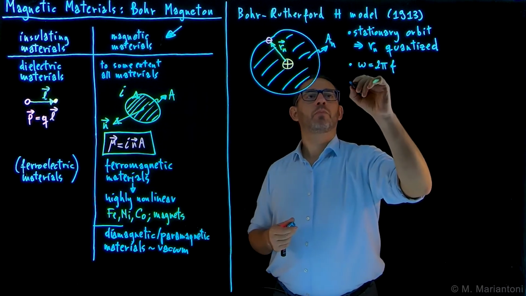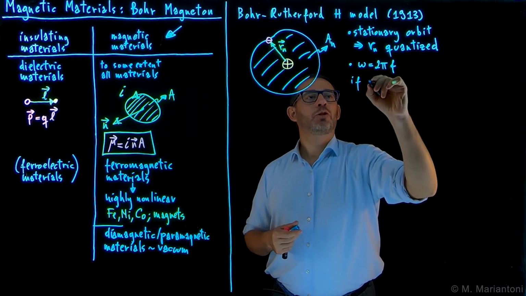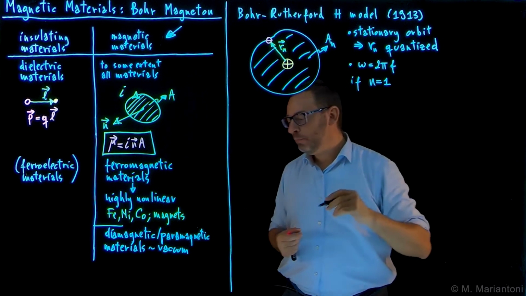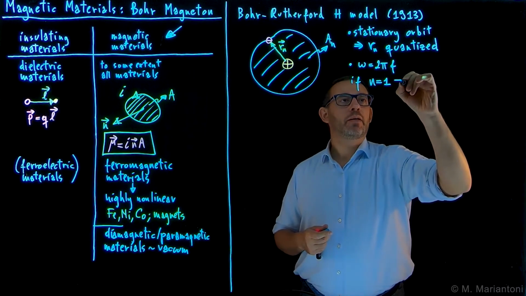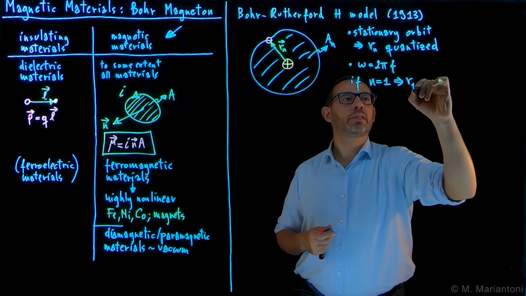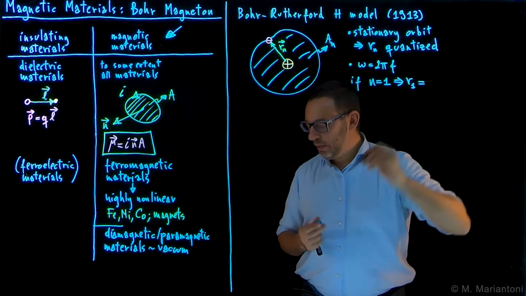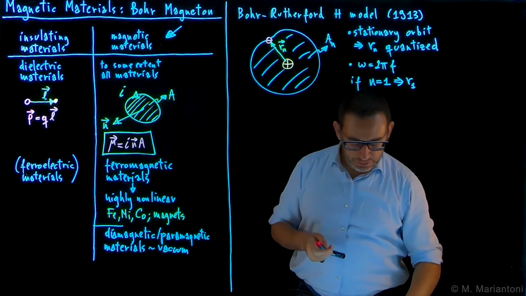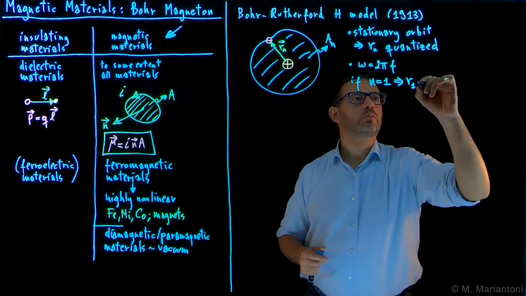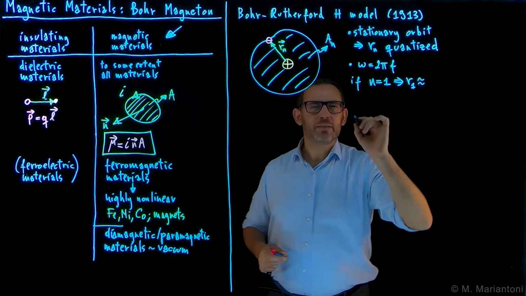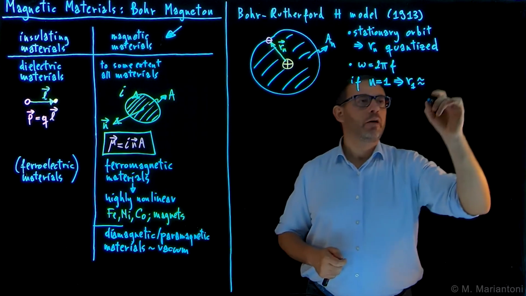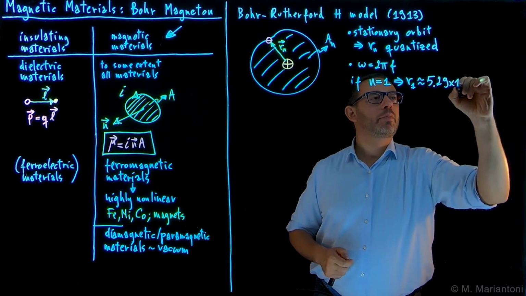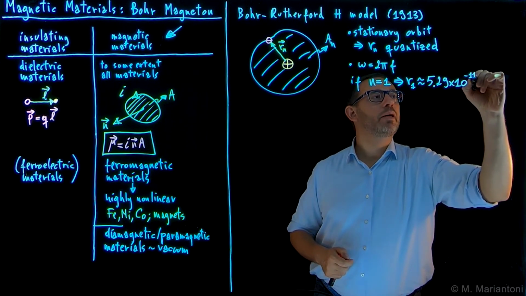Now, if it so happens that we choose the first orbit, the lowest one in this quantization, n equal 1, well then we obtain R1, which is the so-called Bohr radius, and to be more specific, the Bohr radius is approximately equal to 5.29 times 10 to the minus 11 meters.